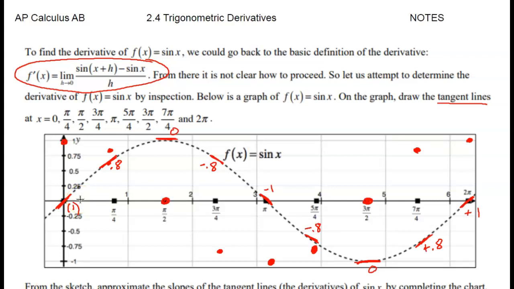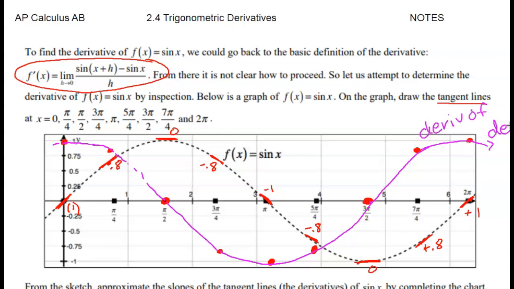And so we're going to connect it. So if I connect this, notice they would be smooth, it's not going to be an abrupt line. But if I connect these tangent slope values, this is the derivative, oops, ran out of room, derivative of sine in purple, okay?